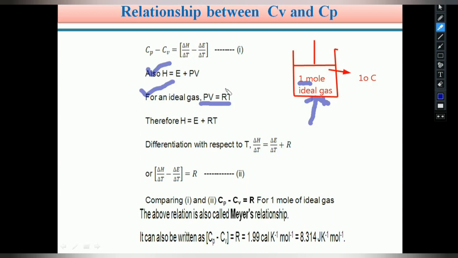So what I did here is, in place of PV, I substituted this RT value. Therefore, the enthalpy equation becomes H equals E plus RT.